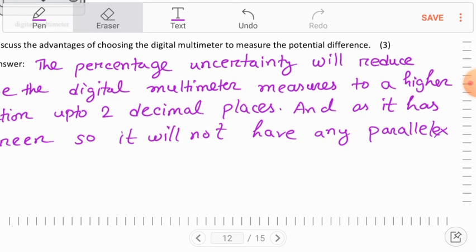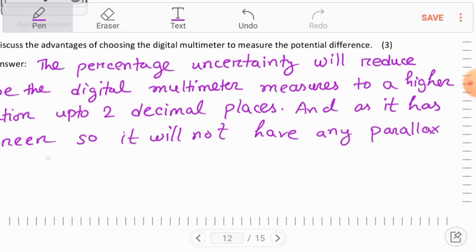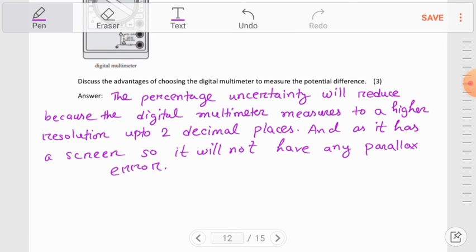Sorry, I made a mistake in spelling. That's parallax error. And with this, our question number 4 ends. I hope question number 4 was clear. Moving to question number 5.